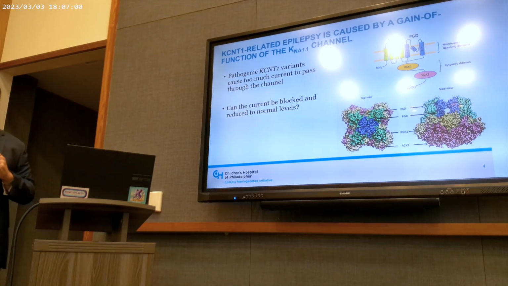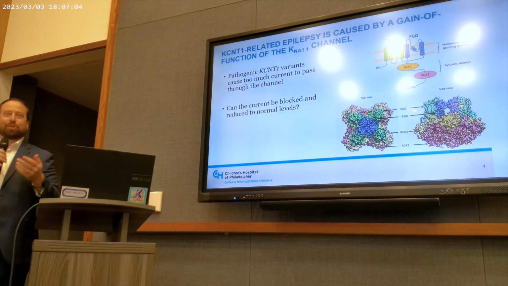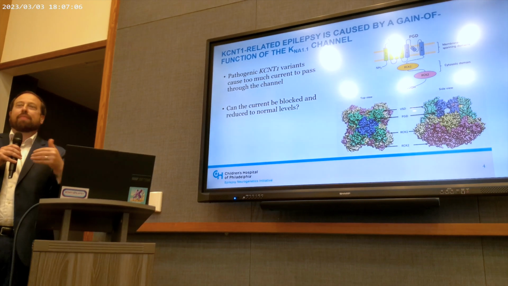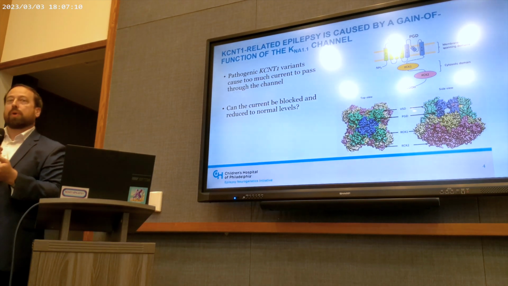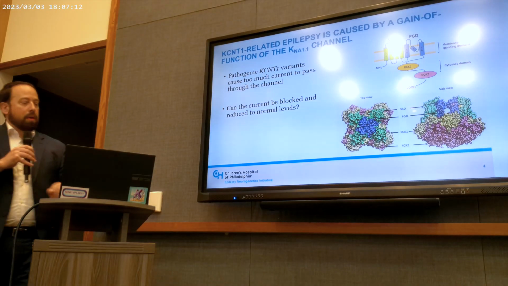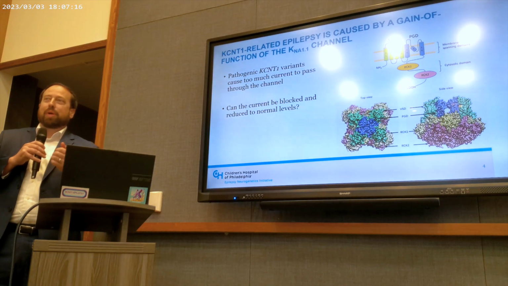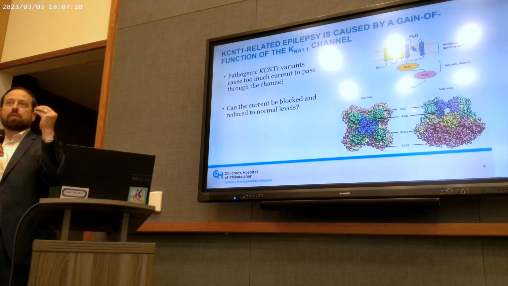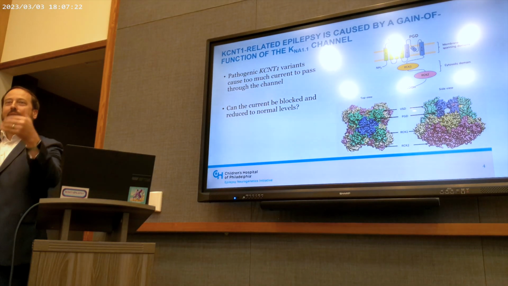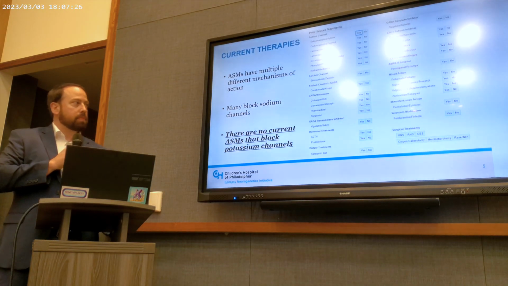And then the downstream effect would be, can that correct the seizures? Can that normalize or improve neurodevelopmental progress? So that's, from a biological standpoint, what is going wrong with KCNT1, and it forms the rationale for how we might approach this therapeutically.